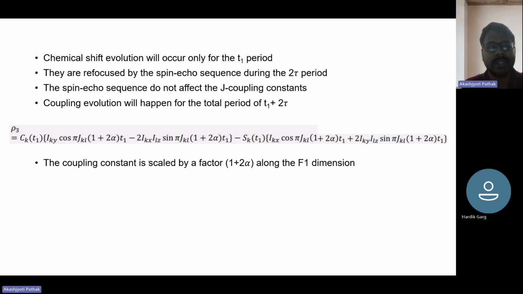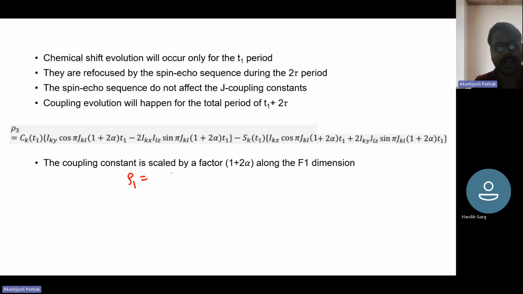What this suggests is that this factor 1 plus 2 alpha is causing the J coupling to become upscaled. So that is what is written here: the coupling constant is scaled by a factor 1 plus 2 alpha along the F1 dimension.